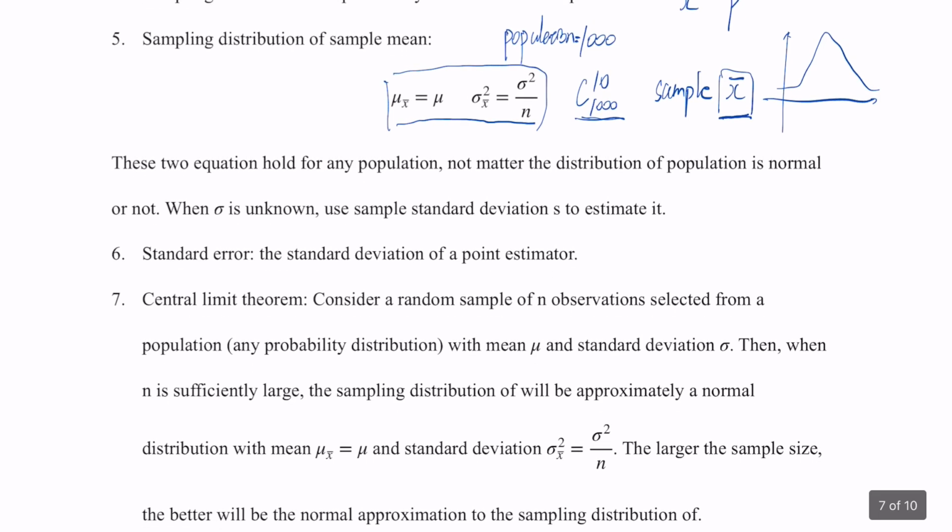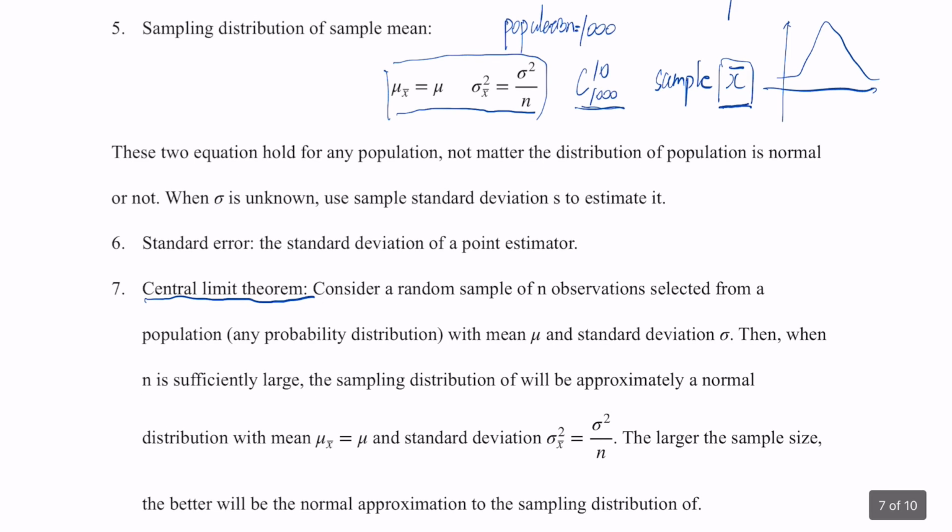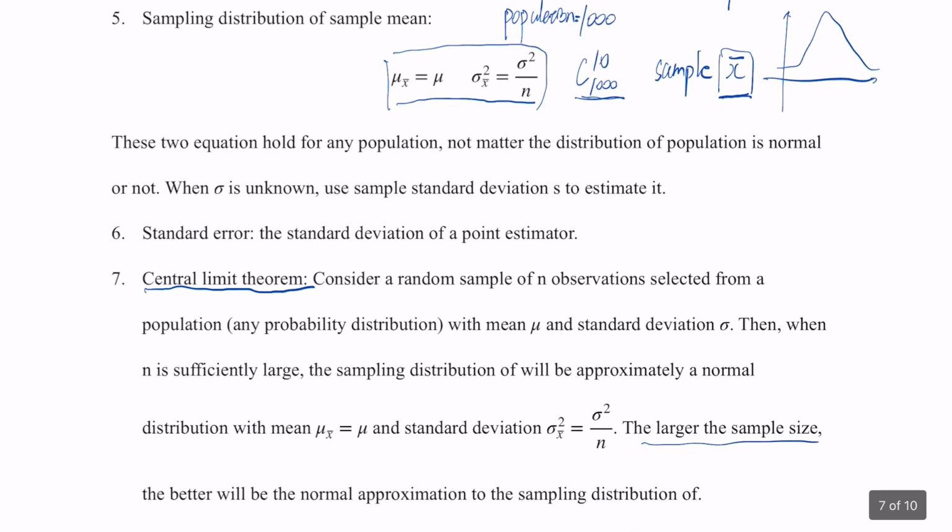So what I just said is basically about the central limit theorem. Right? The larger the sample size, the better the normal approximation to the sampling distribution. So the larger the sample size you get, the better the approximation to a normal distribution.